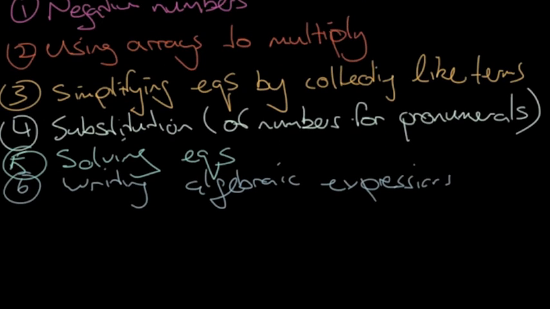And finally, 7, the colour's not very good, is it? Let's go for green. There we go. Nice one. 7 can be transposition.